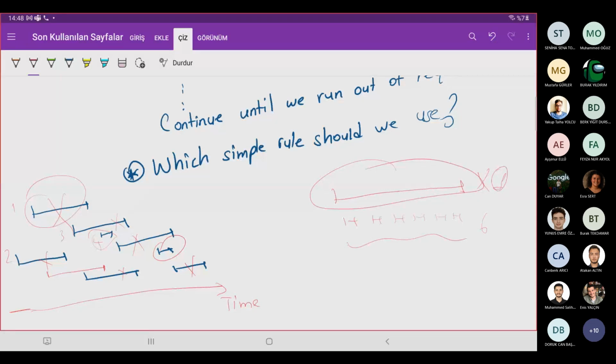Another idea, but still it's an idea. Other ideas from the class?